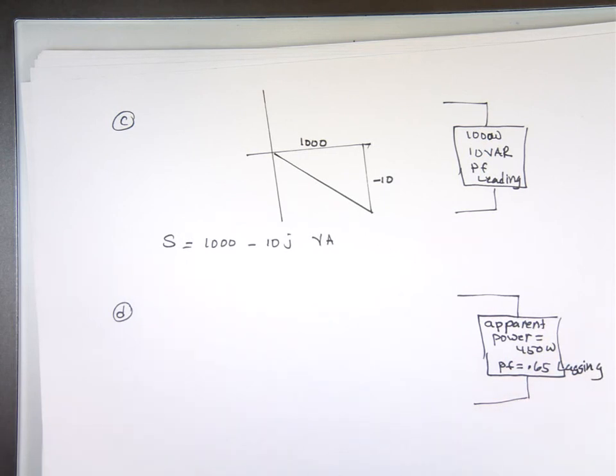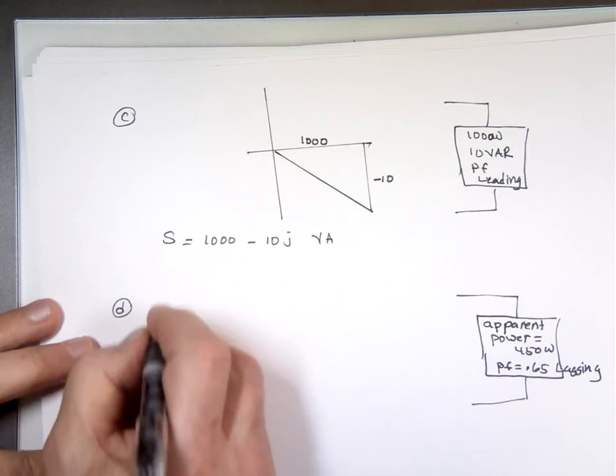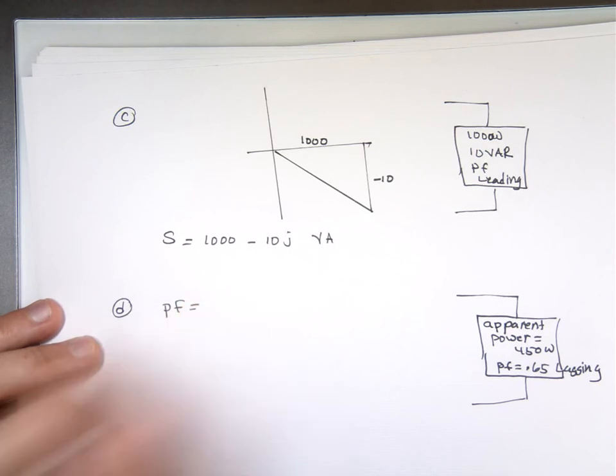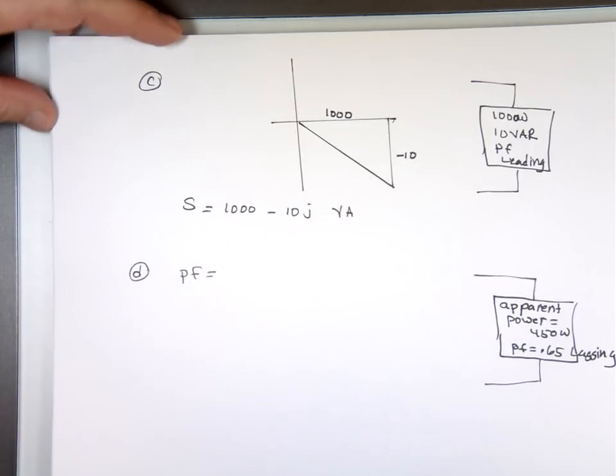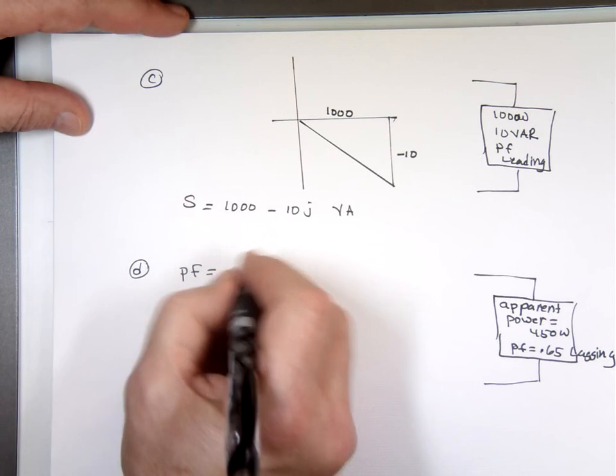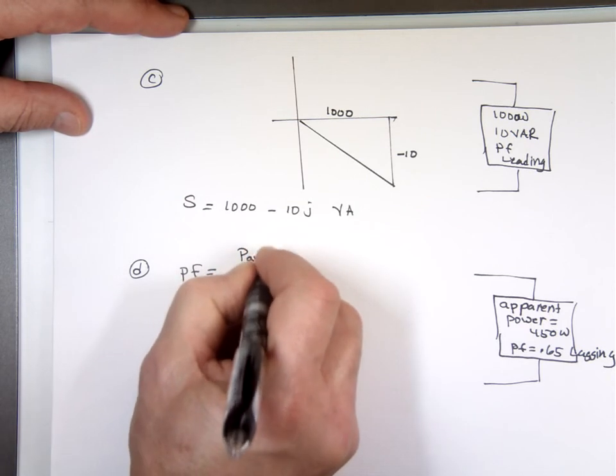Well, the apparent power, when we're talking about complex power, doesn't really come into the story. But I know the definition of power factor is what? One of the definitions is the average power over the apparent power.